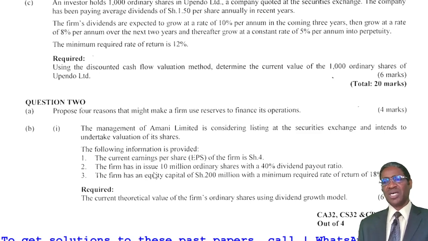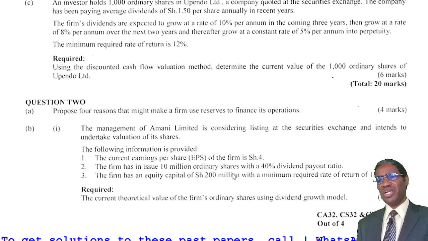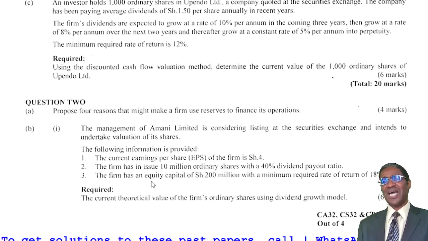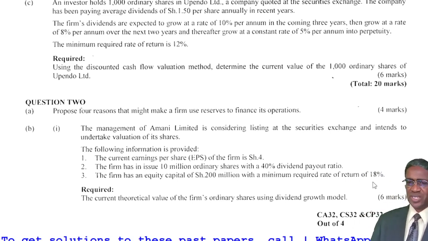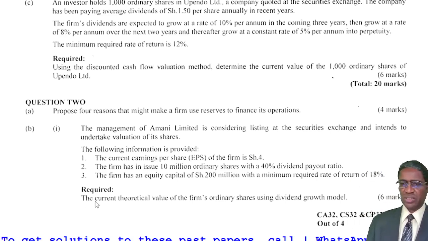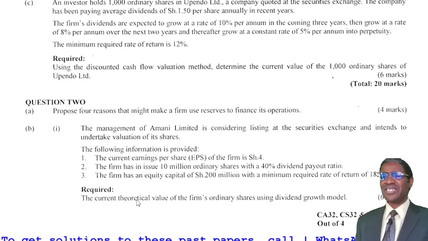The firm has in issue 10 million shares with a 40% dividend payout. The firm has an equity capital of 200 million with a required rate of return of 18%.